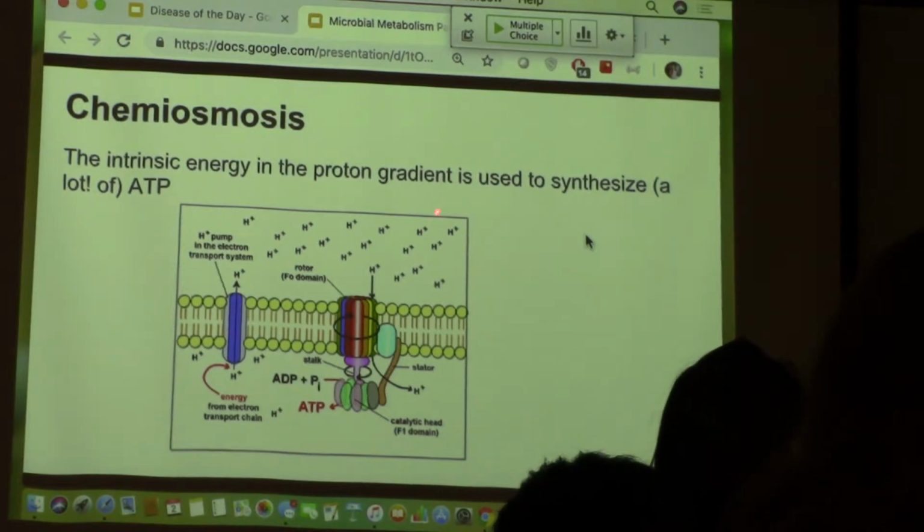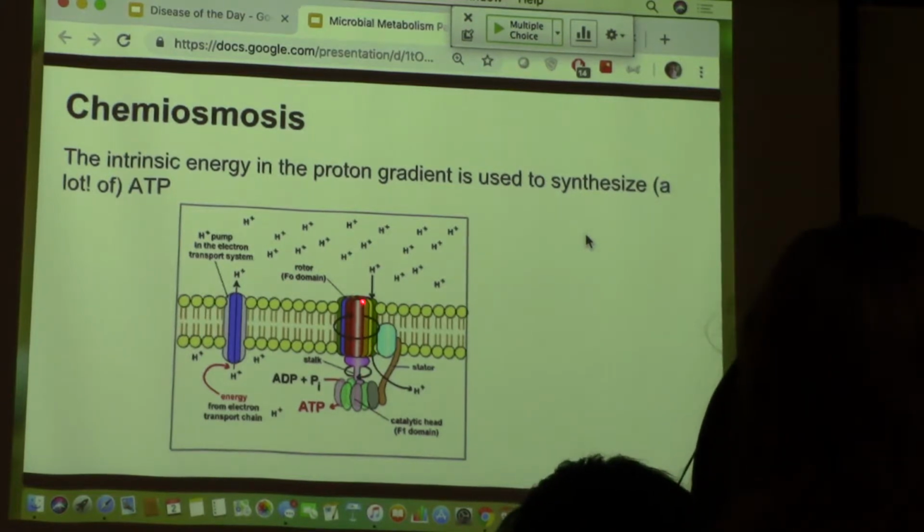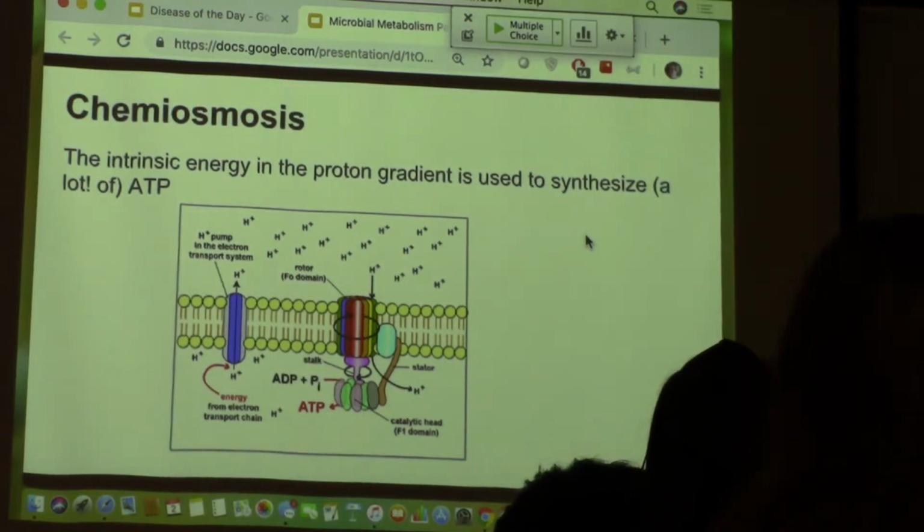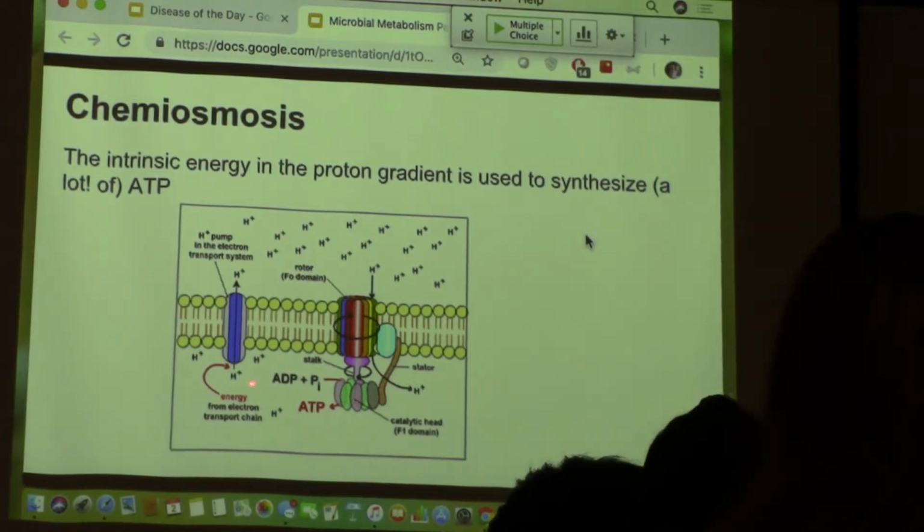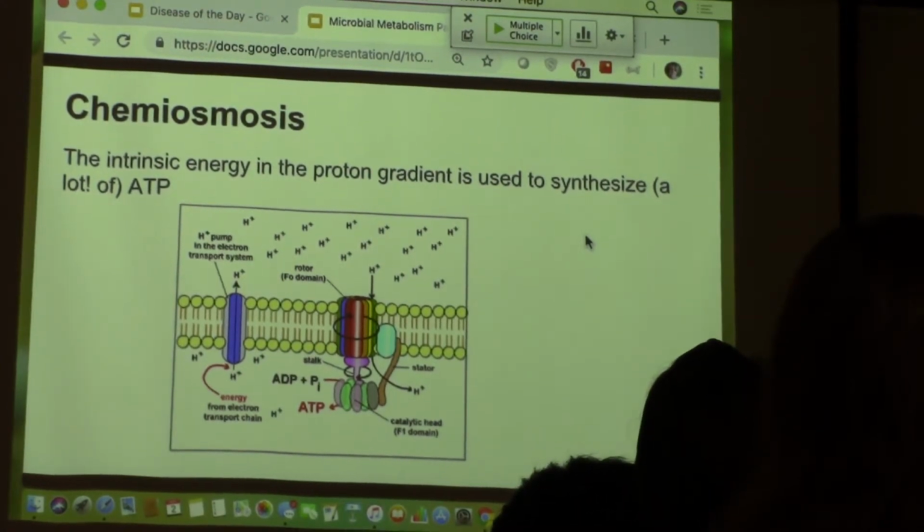When you allow these molecules to go across, that releases energy. But the cell doesn't want to just give that energy out, it wants to use that energy. So as these protons go through the ATP synthase, it's going to cause this motor, it kind of shows you the spin, this molecular motor to spin, and that's going to result in the conversion of ADP to ATP. So basically you're forcing, it takes a lot of energy to make ATP.